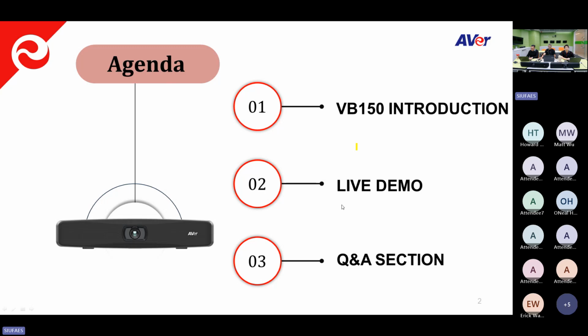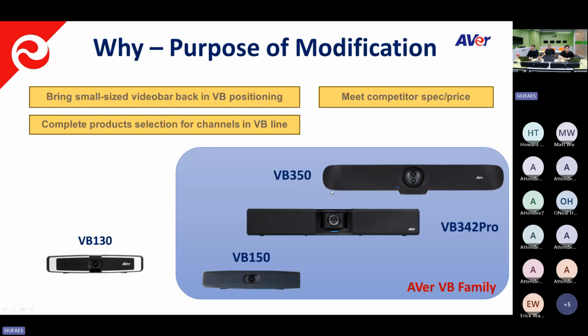Okay, so let me get into today's topic, the VB150 introduction. So first of all, why have we developed this model? Because in the past, we have the VB130, which is also suitable for the small to medium meeting room, but mostly for small meeting rooms.